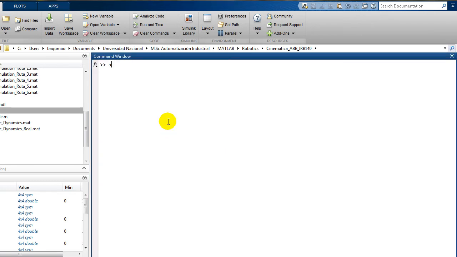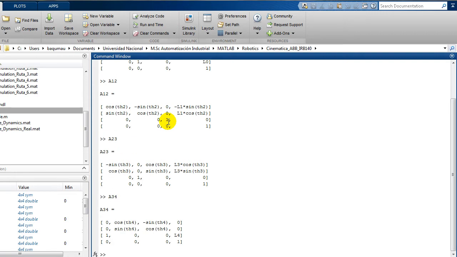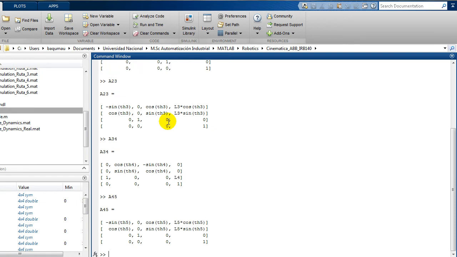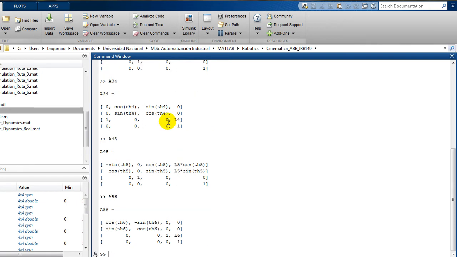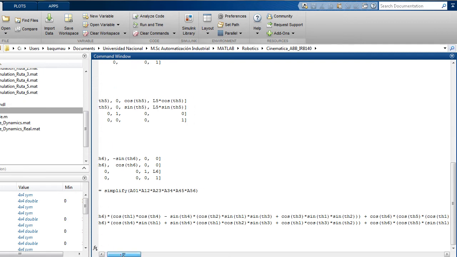So, I built the transformation matrices A0 to 1, A1 to 2, A2 to 3, A3 to 4, A4 to 5, and A5 to 6, and then the pose of the effector from the base frame would be defined by this transformation matrix.